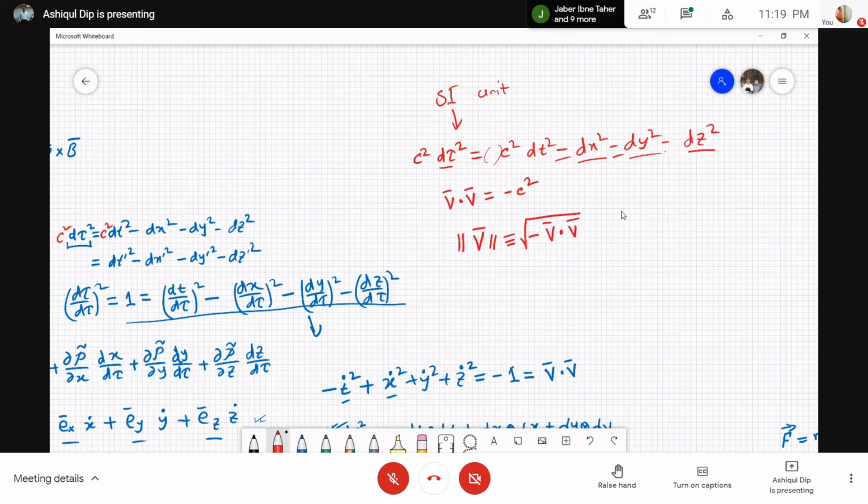And why is this invariant? Apply the Lorentz transformation. You know what the relations are: t prime equals something and x prime equals something. Apply that, and you'll see that in terms of the primed coordinates, it also remains the same.